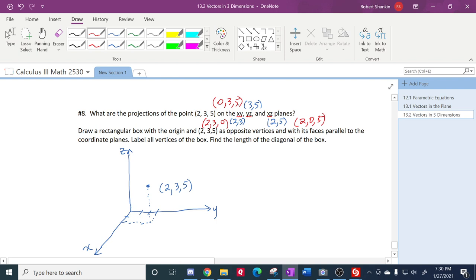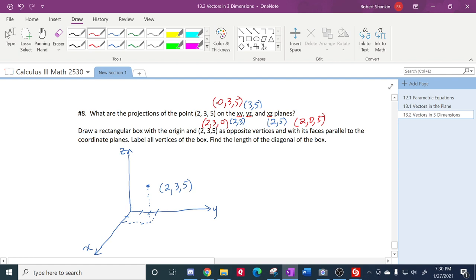So if you just zero out one of the components of a point, that projects it onto one of the planes. When you zero out the Z, it projects it onto the XY plane.